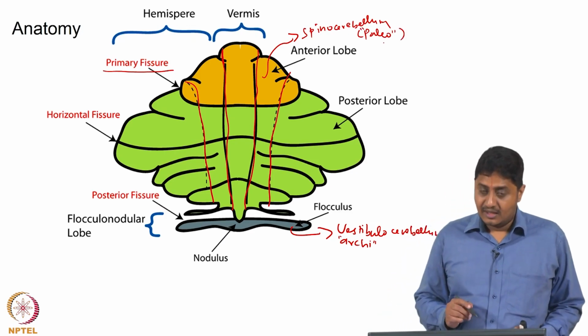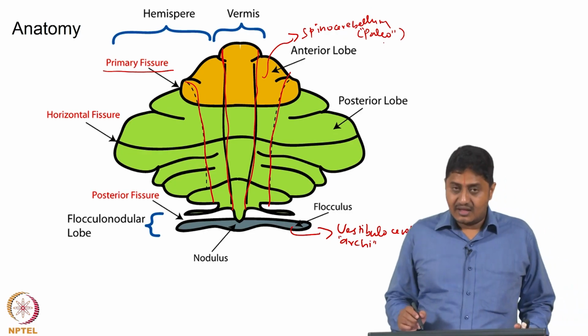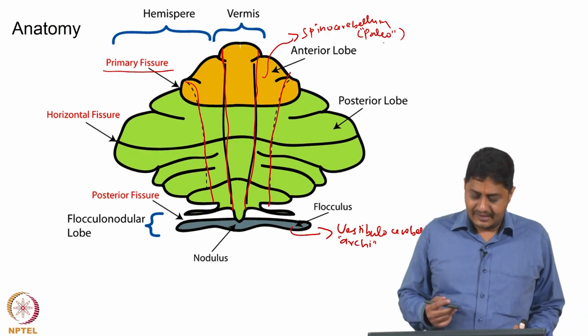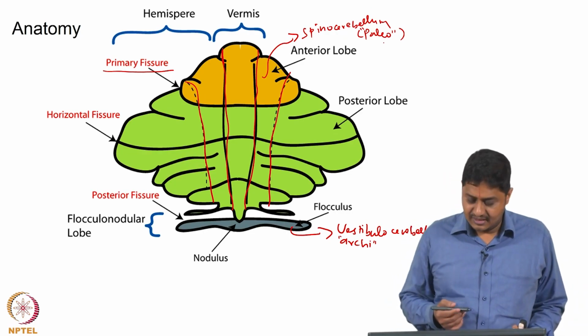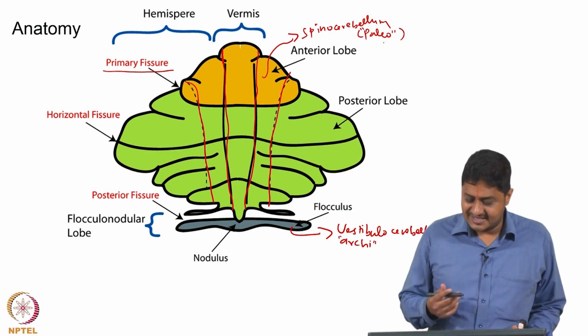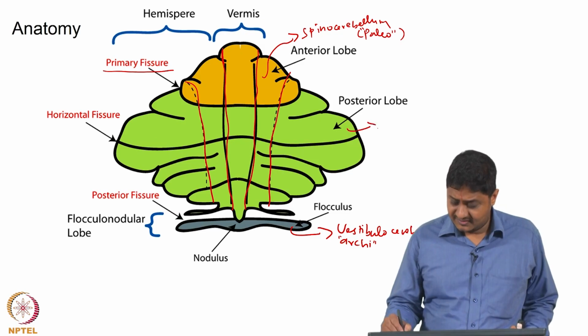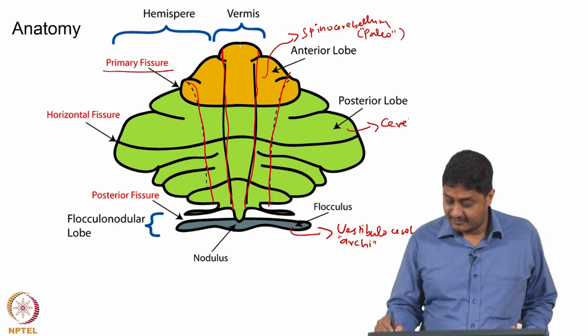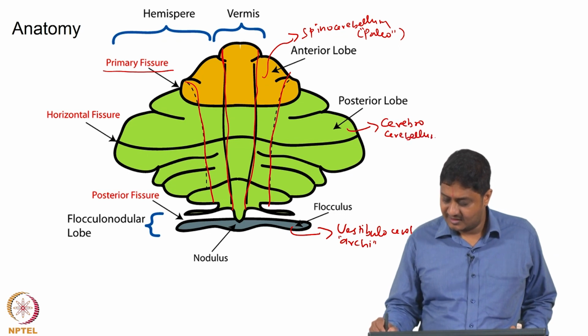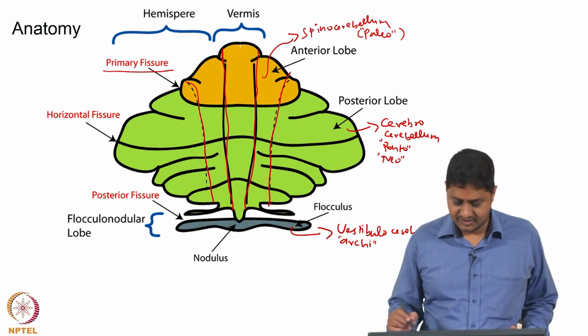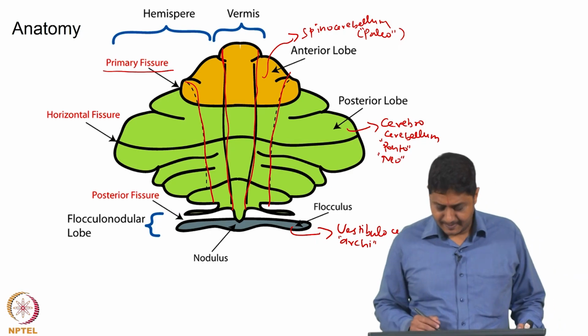The lateral areas are well developed in advanced species, in more developed species such as primates and humans. That is called the cerebrocerebellum, also called the pontocerebellum, also called the neocerebellum. It is relatively new, so it is called the neocerebellum.